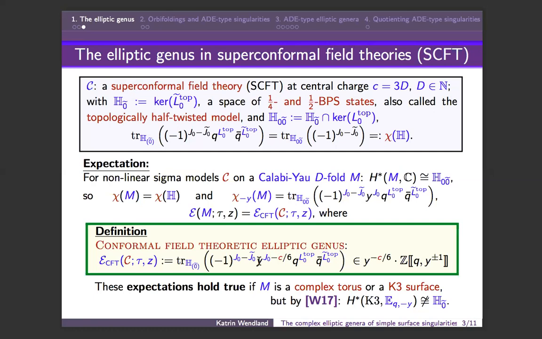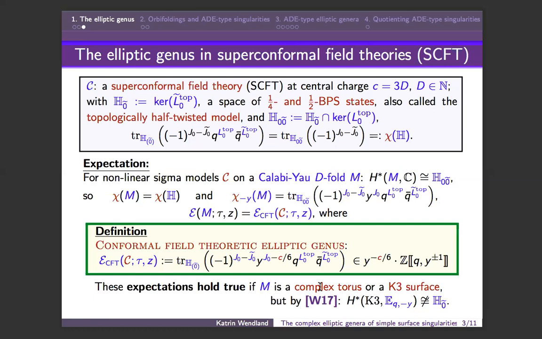I want c1 equal to 0 because in other cases, you might still have an identification like this, but I cannot say much about it because I don't know cases where that's been proved. But the expectation that this geometric approach that I gave first and the quantum field theory approach that I'm giving here actually lead to the same expression can be checked at least for complex tori and for K3 surfaces.